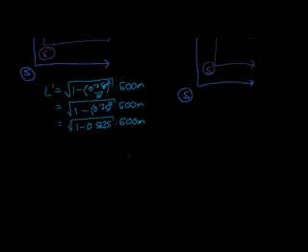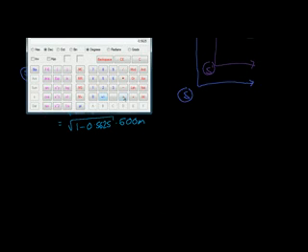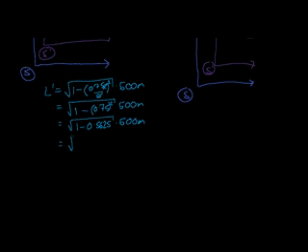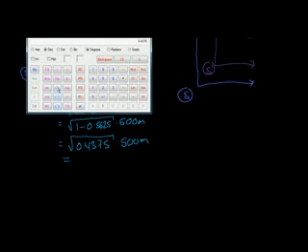Now 1 minus this value gives 0.4375. So 0.4375, and we take the square root of this value. We simply say square root, and we get this weird number.